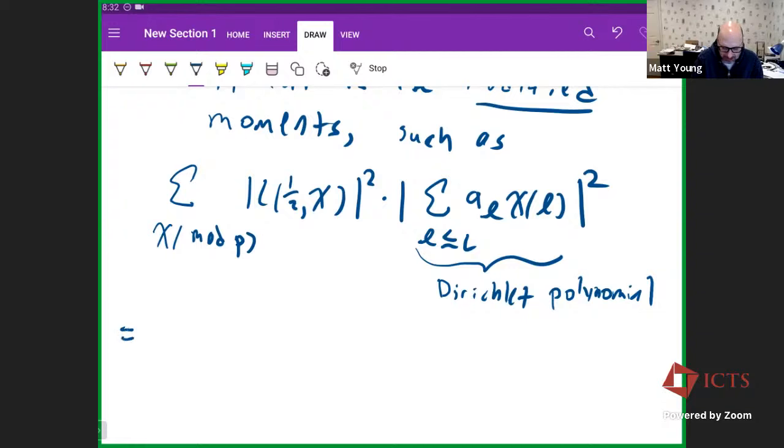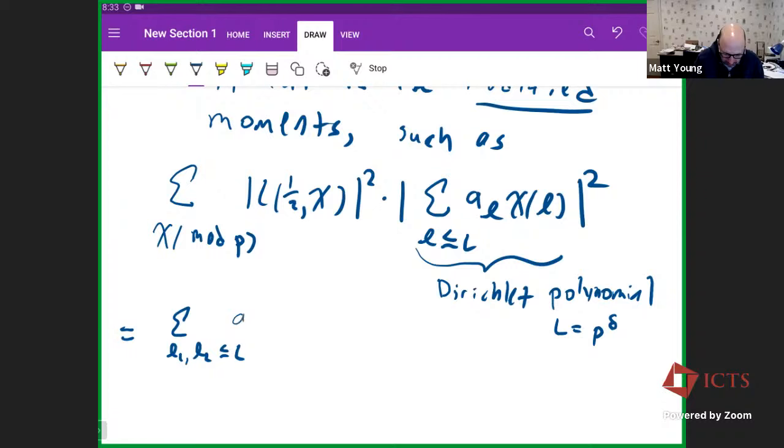But let me first say, if you square out this Dirichlet polynomial, you can think of it as a sum over l1 and l2 up to some bound. You should think of l as some power of p, like p to the delta, and often delta will be fairly small.